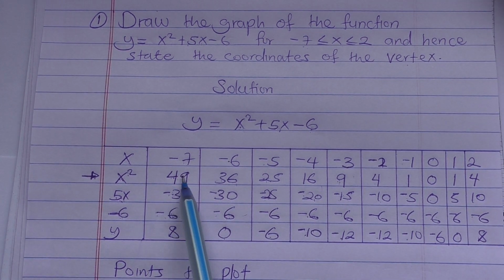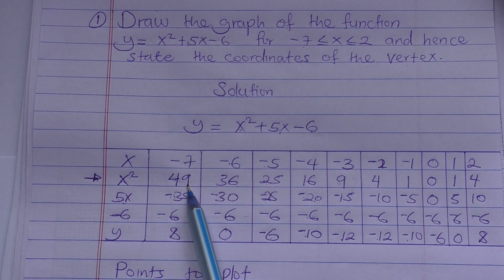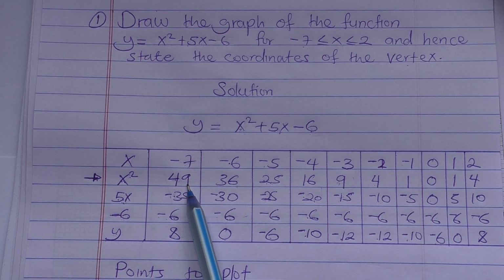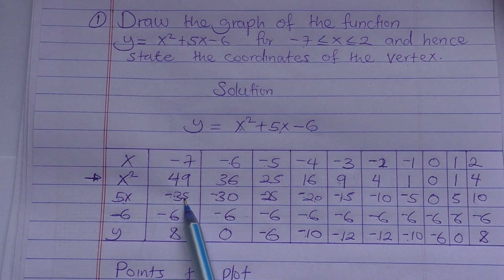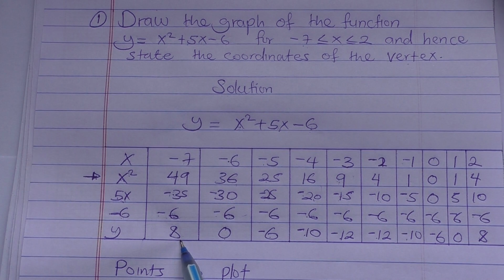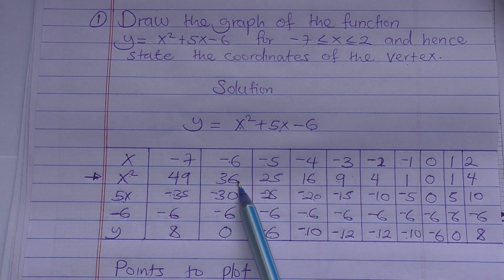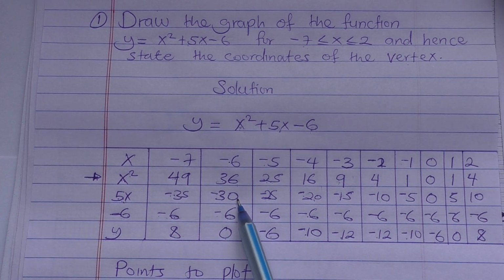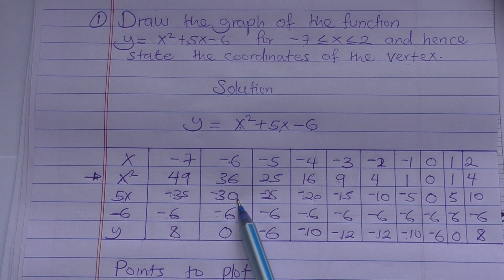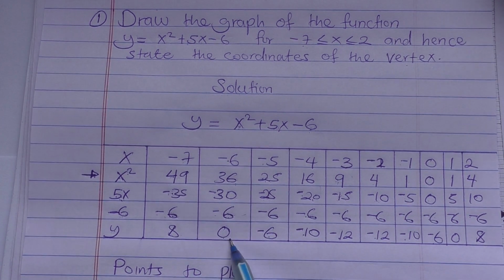For instance, for x squared, negative 7 squared is 49. When we add this and that, we get 8. The same applies to this. This is 36 plus negative 30, giving us positive 6, plus negative 6, which gives us 0.